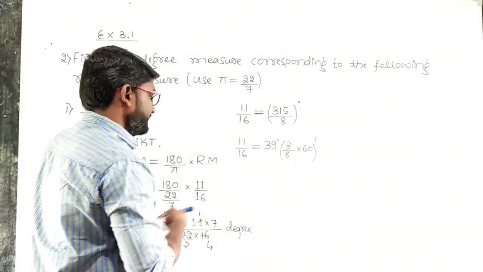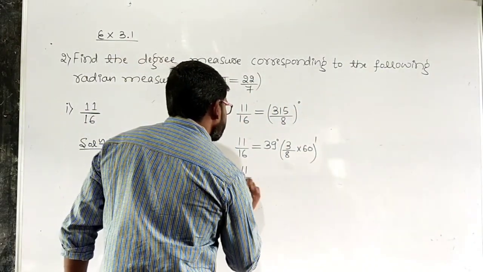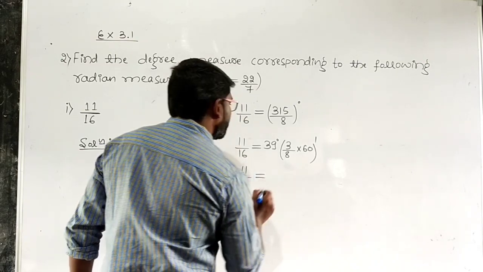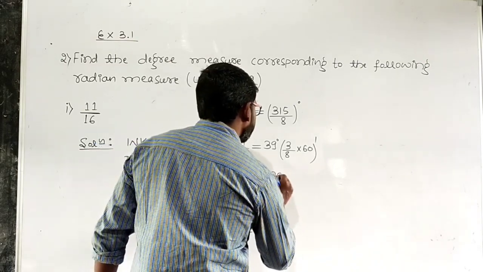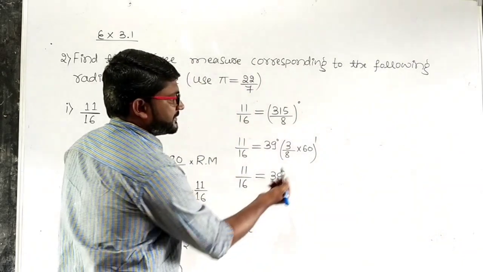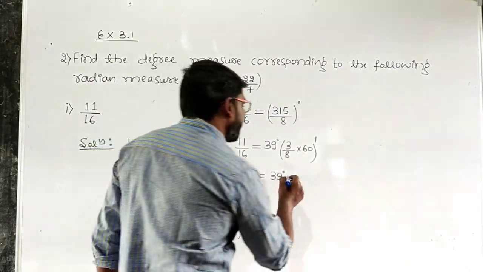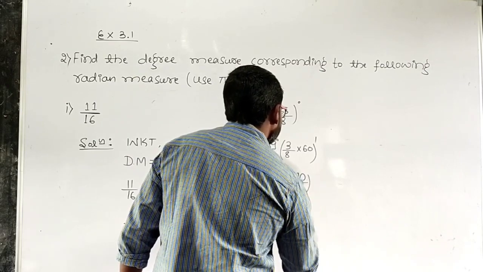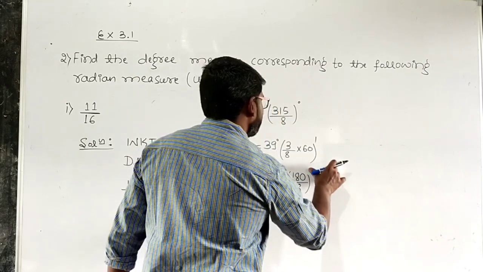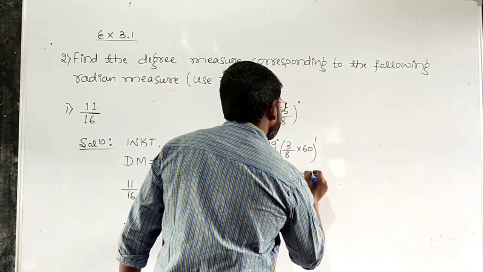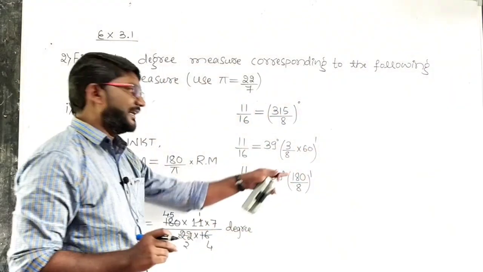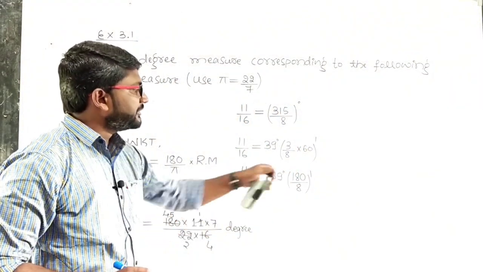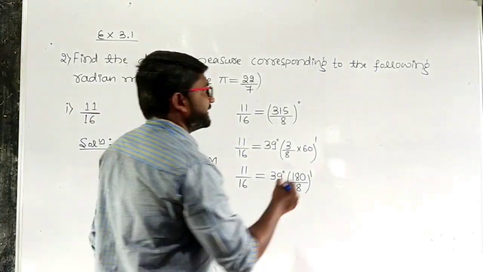So here 11 by 16 equals 39 degree. Now 60 into 3 is 180 by 8 minutes. You have to write single bar here, that indicates minutes. Now we have to divide 180 by 8. Let us go for the division.